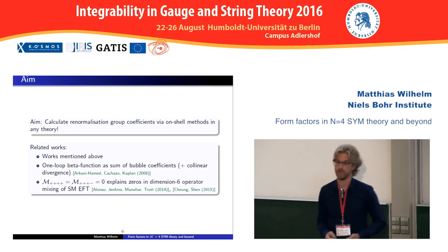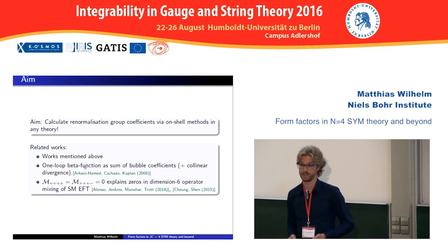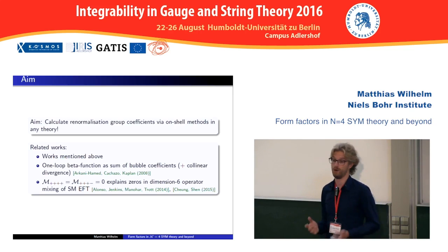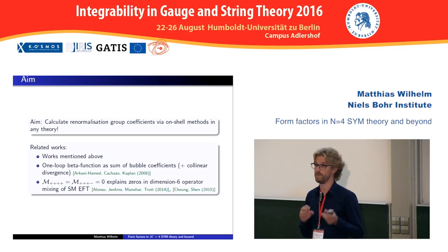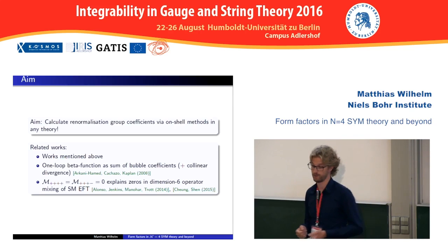Moreover, on-shell methods were also used by Arkani-Hamed, Cassaro, and Kaplan to compute the one-loop beta function as a sum of bubble coefficients plus collinear data. Similar ideas were also used to explain certain vanishing matrix elements in the mixing matrix of dimension 6 operators in the standard model effective field theory.